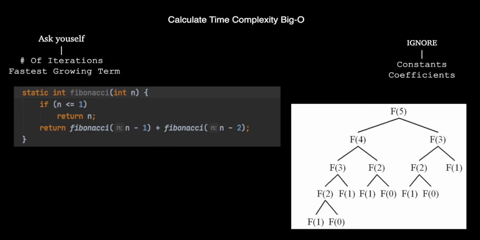But when your problem is increased, you're making more calls by a constant variable, this is an exponential operation. So in this example, it will be 2 to the power n, which means the problem is increasing every time by 2, as if you're multiplying by 2 every time. So the time is O of 2 to the power n.